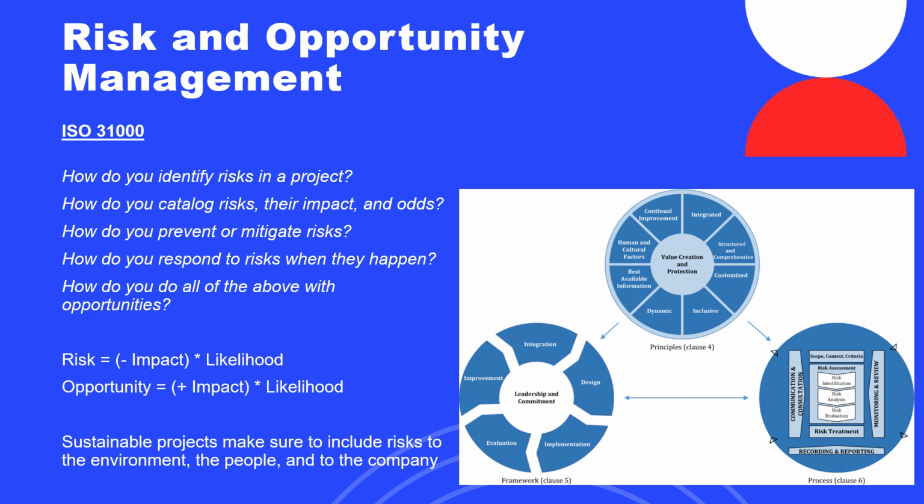And if a risk does occur, what response procedures are in place? And above all, how else do you deal with opportunities? Often consider the positive type of risk instead of a negative impact. Sustainable projects have to make sure that they understand risks not just relevant to the program, but to the environment and the people around them.